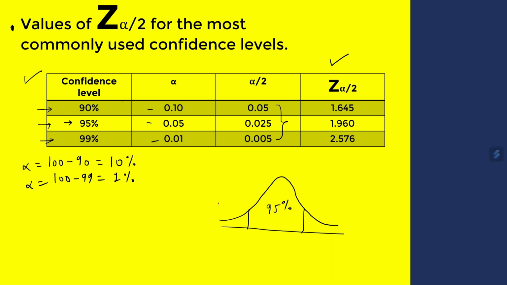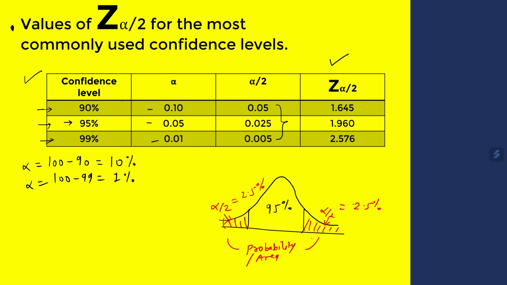Now here is our alpha by 2, here also is our alpha by 2, this portion. So this is our 2.5%. And the complete inside portion of this bell-shaped curve or normal distribution curve is our probability, which is our area.